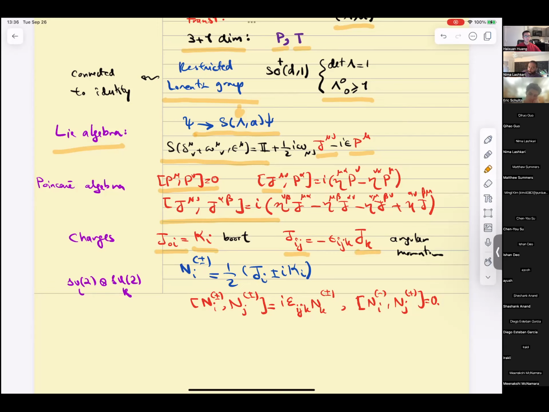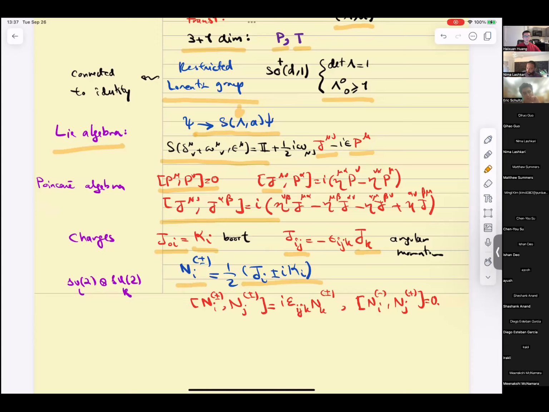Then we said that now that we wrote it in this familiar form, focusing on the Lorentz group alone, so let go of the translations for now, you could construct such combinations: you add J_i plus or minus i K_i. So you add boost and angular momenta in this particular combination. You're complexifying your transformations, and define these.